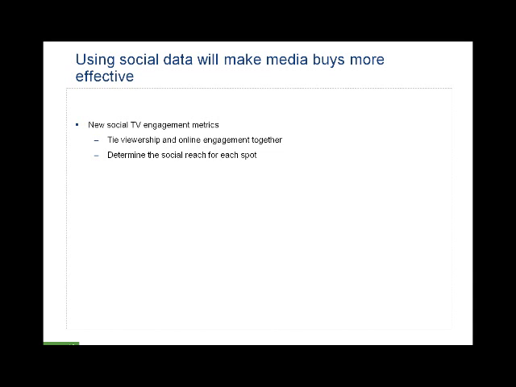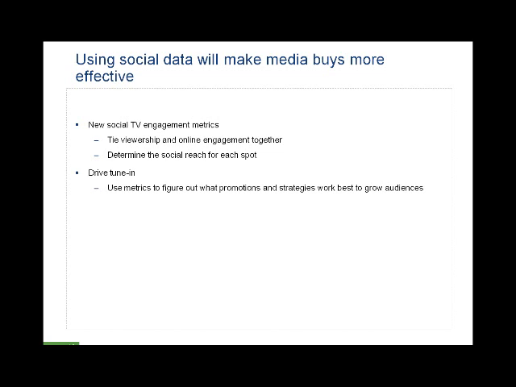And these are enabled by second-by-second granular TV measurement from these new data sources, which we'll dive more into. And marketers and content providers are going to be able to track buzz and engagement for specific commercials. We're also going to be able to determine, well, what is the social reach for this spot if I run it during this type of programming?